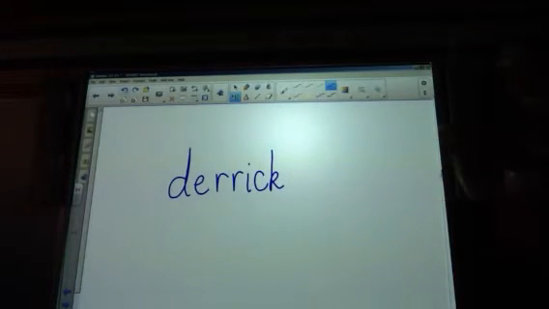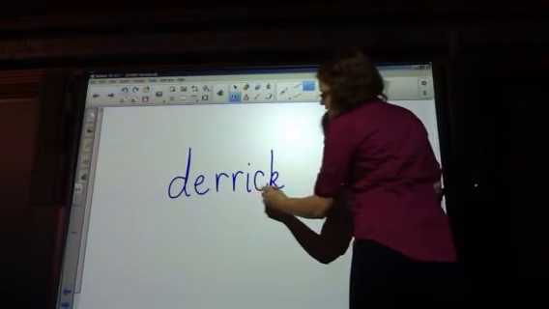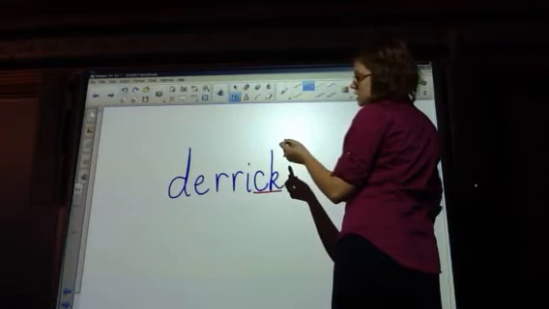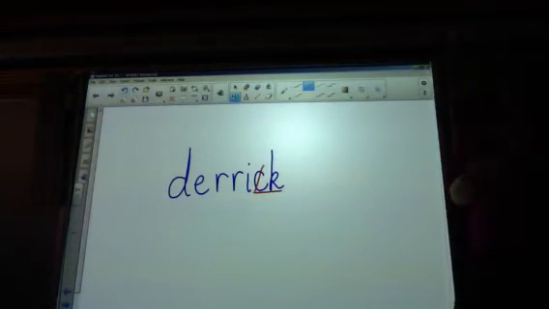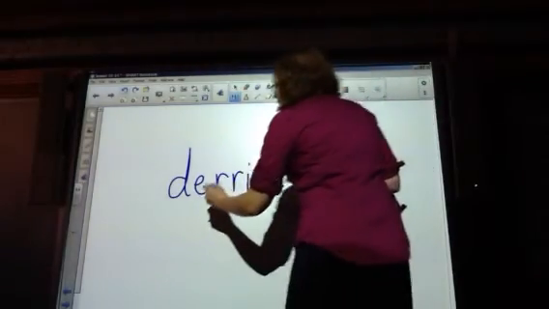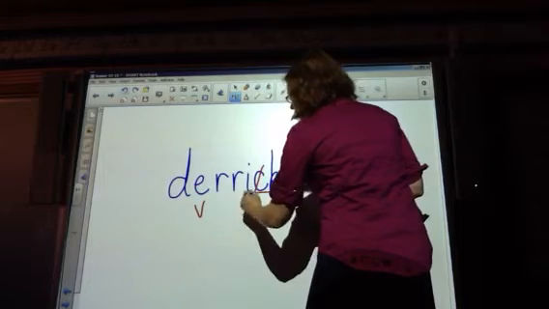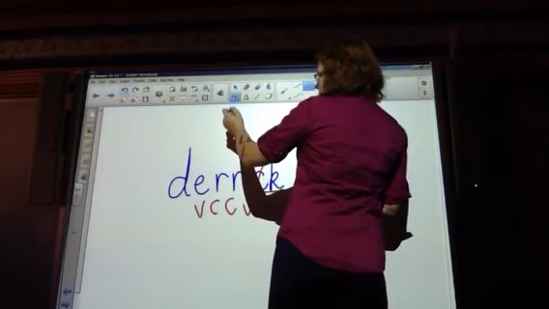I'm going to go ahead and code this one real quick. I've got my digraph CK. What else do I need to do to that? Cross out the C. Good. And now we're going to find our vowel sounds. We've got a vowel here, some consonants in between. Then we usually divide it where?